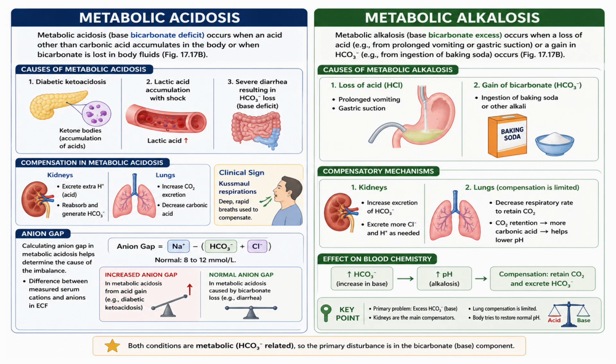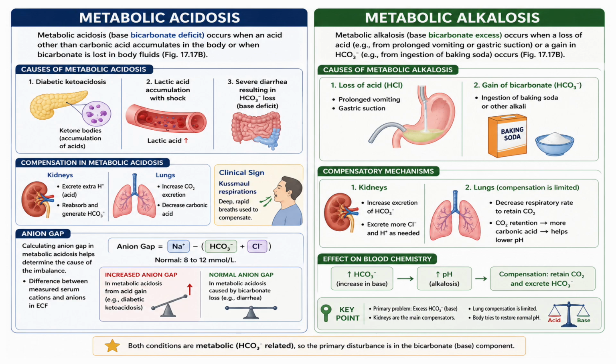Now let's talk about metabolic acidosis and metabolic alkalosis. Let's walk through the two major imbalances, right? And we're going to talk about how the body responds to each of these. Let's start with acidosis. This occurs when there is a deficit of bicarb.